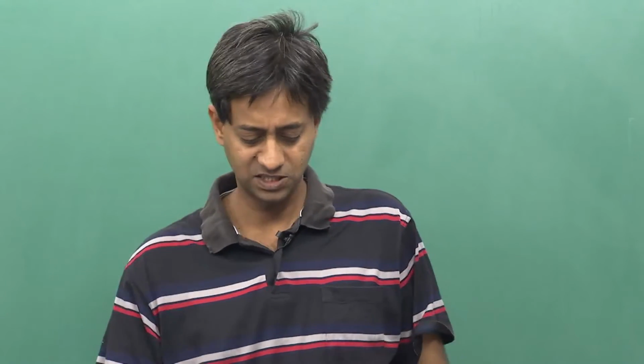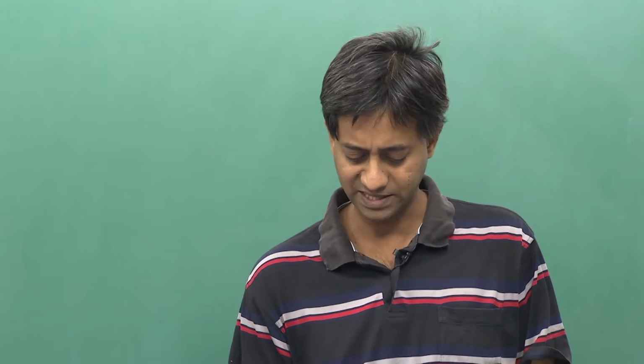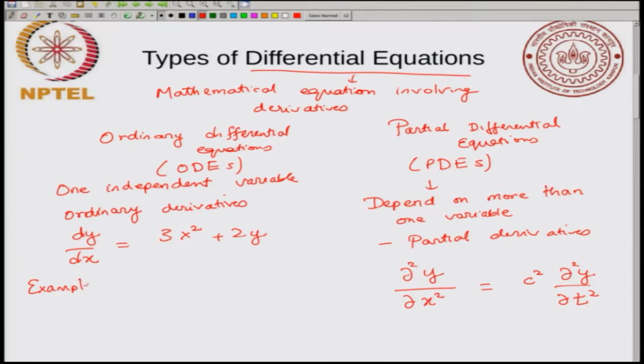Now, what are the examples of differential equations? Where do you see them? You see them everywhere in chemistry, but one example where you are used to seeing differential equations is in chemical kinetics. You write something like dC/dt equal to k times C for first order kinetics, or if you have multiple species, then you write C1, C2 and so on.